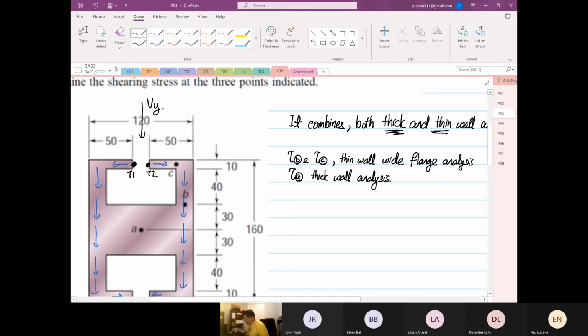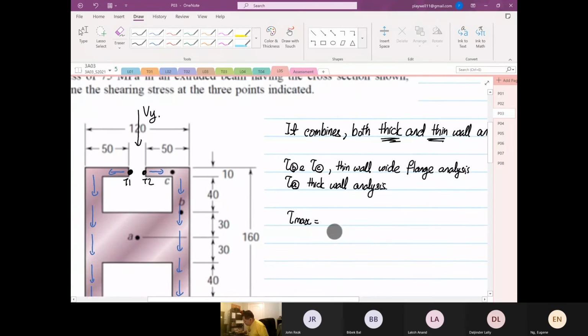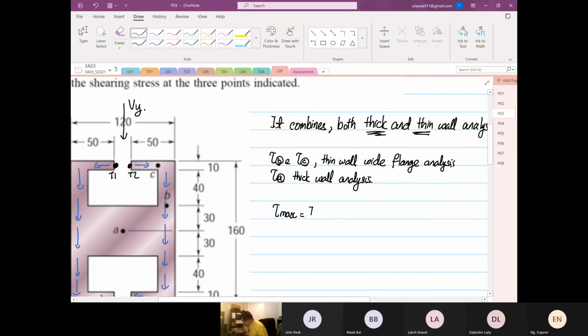So we know that the stress max that was given is 75 times 10 to the power 6 Pascal. Right.